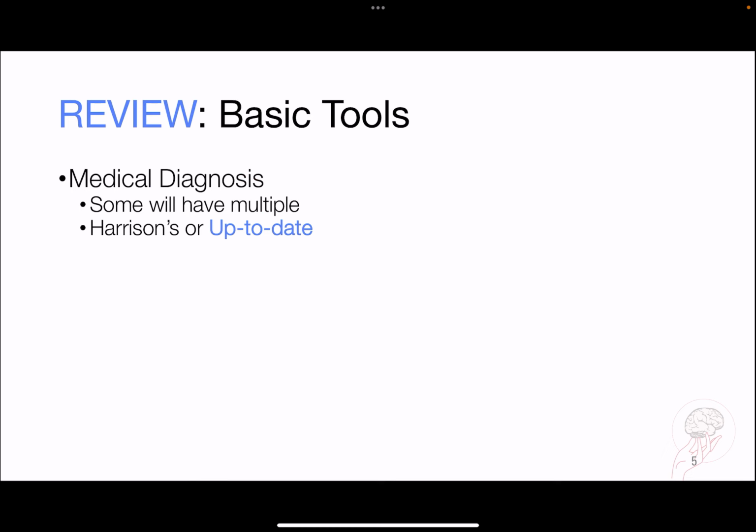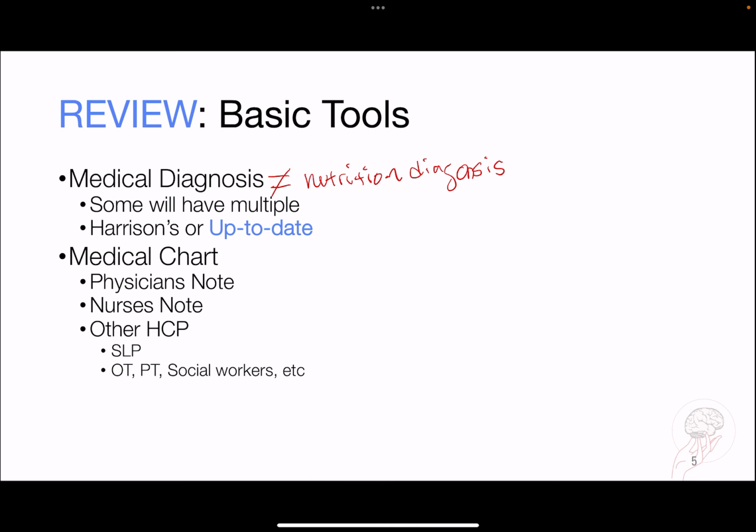So a review of the basic tools we have. We have the medical diagnosis. And remember that this is not the same as our nutrition diagnosis. Sorry, my handwriting is terrible. We have their medical chart.